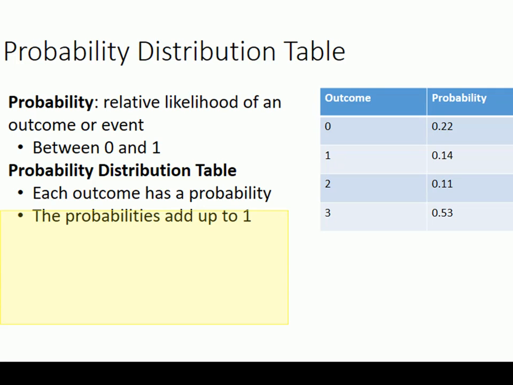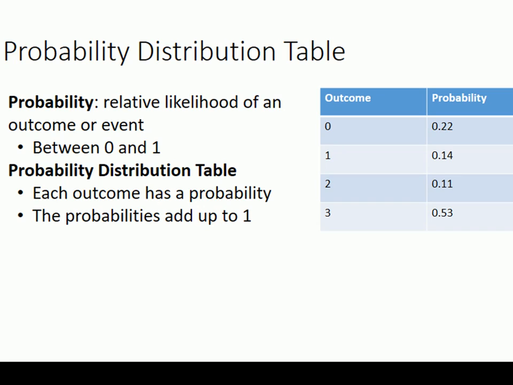So for discrete random variables, we can represent the probability in a table, and you can list each of the possible values or outcomes of the random variable and the associated probability. The important thing to remember about probabilities is that it's a way of talking about the relative likelihood of one outcome versus another.